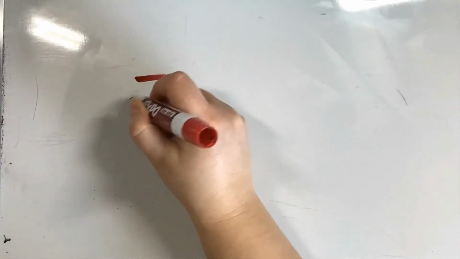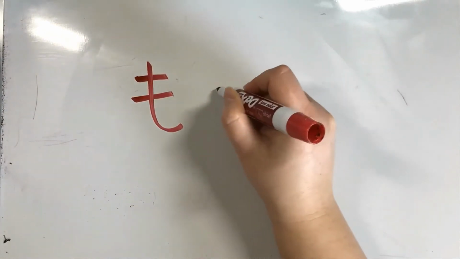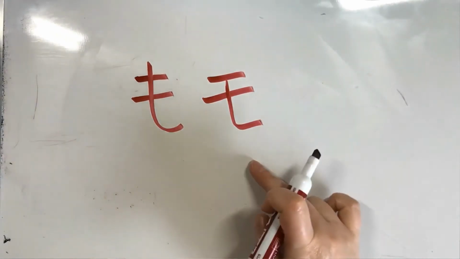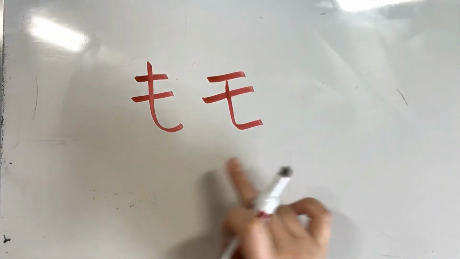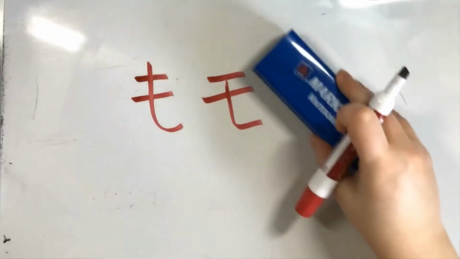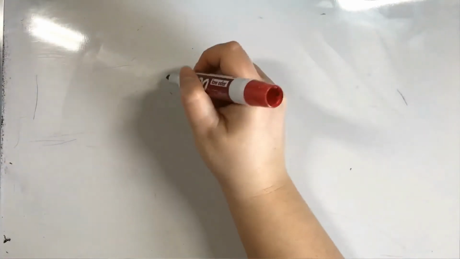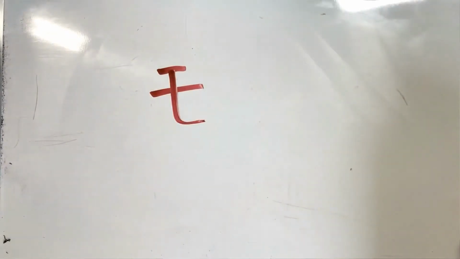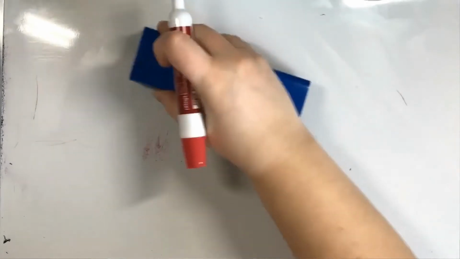Next we'll be learning mo, which in hiragana looks like this, and in katakana looks like this. So basically they're very similar in appearance, it's just again about angles. So we have across, and then we have down with a little flick at the bottom.